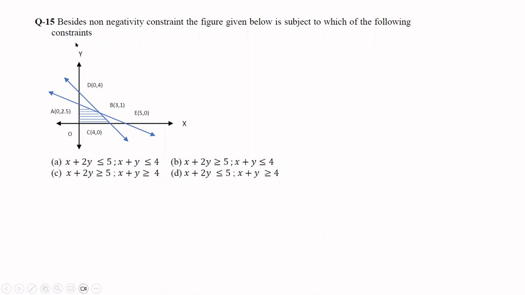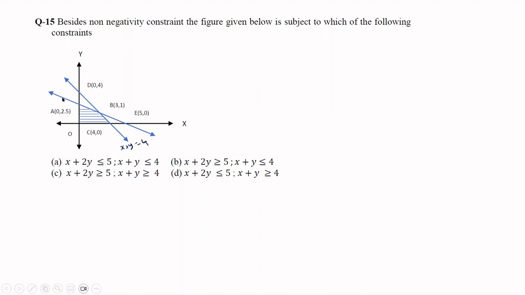Next question: besides the non-negativity constraint, the figure given below is subject to which of the following constraints? So here, if we see all the options, they consist of x plus 2y equal to 5 and x plus y equal to 4. Only thing is the feasible region varies in each of these. Here we can see that the equations of the lines are easy to find. The equation of this line CD is x plus y equal to 4.